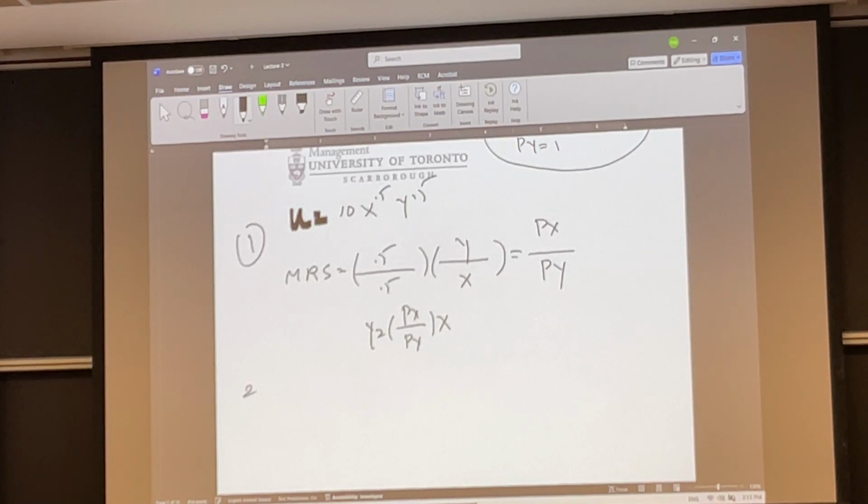I'm generalizing it. The budget line then looks like this. And then take this one there, and you will find demand for X. That's the optimal bundle for all prices, all incomes, which is demand. Now, if you plug it there, that is what you get.